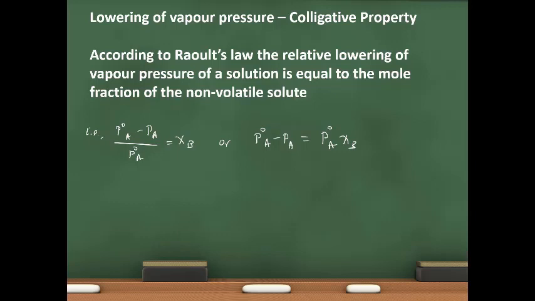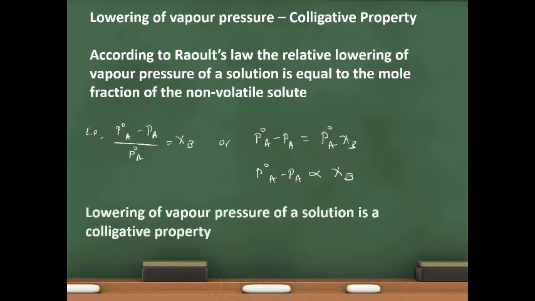That is P naught A minus Pa is proportional to Xb. Thus, lowering of vapor pressure, which is P naught A minus Pa, depends only on the mole fraction of the solute, that is, the number of solute particles. So, lowering of vapor pressure of a solution is a colligative property.